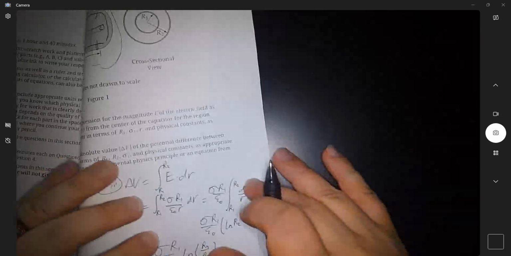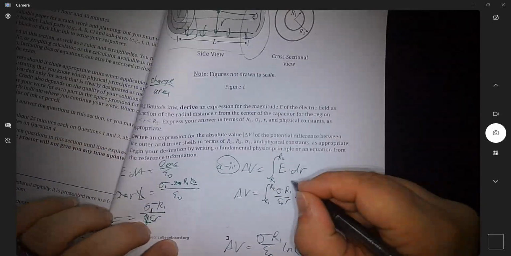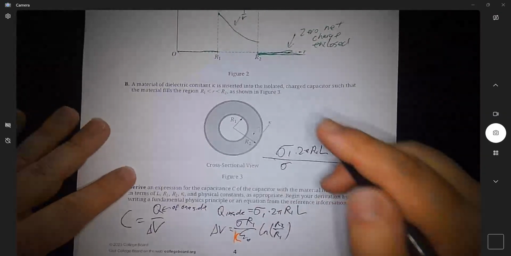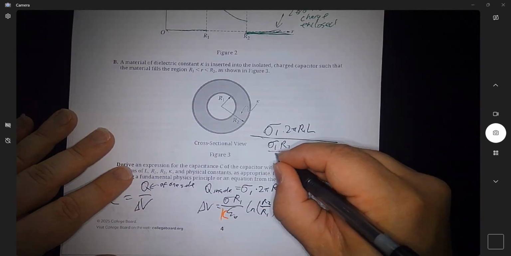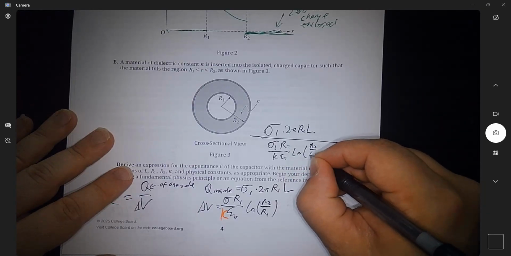I think I was supposed to put sigma 1 this whole time. Okay, over kappa epsilon naught, natural log R2 over R1.